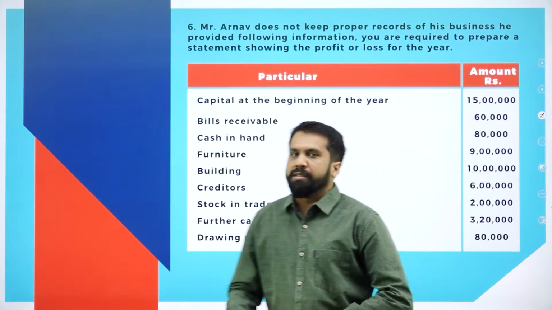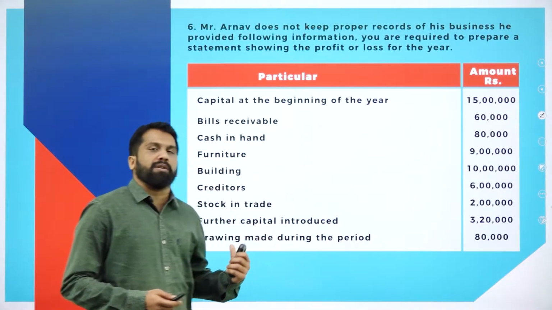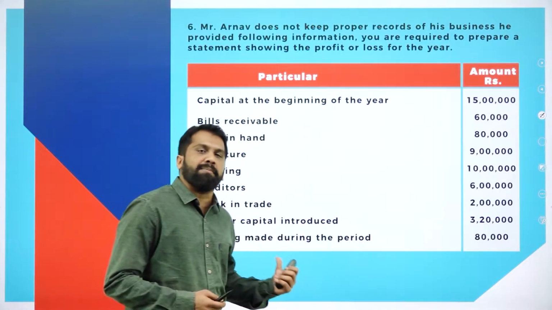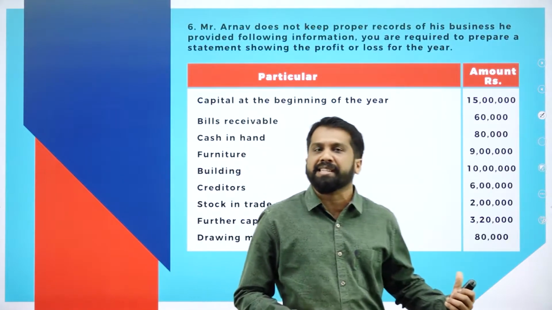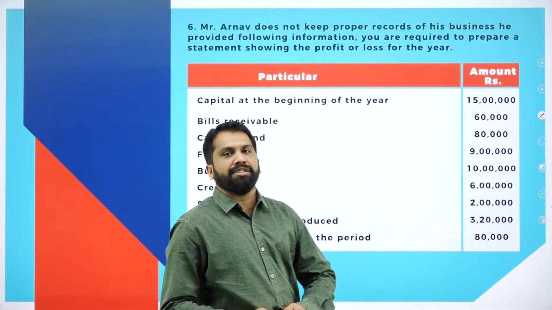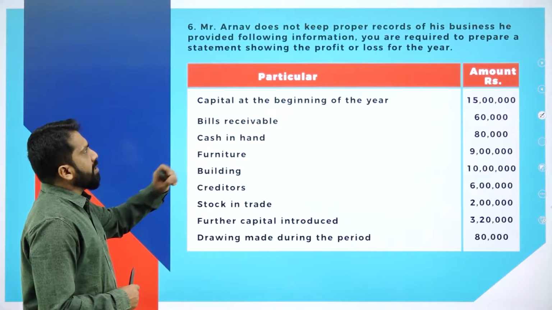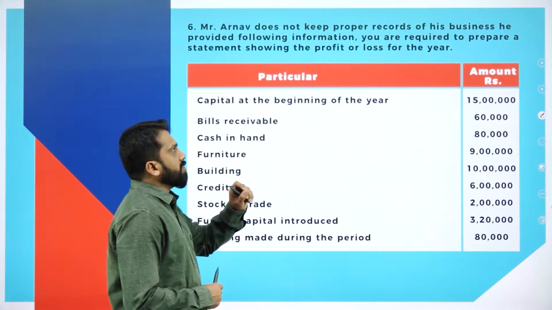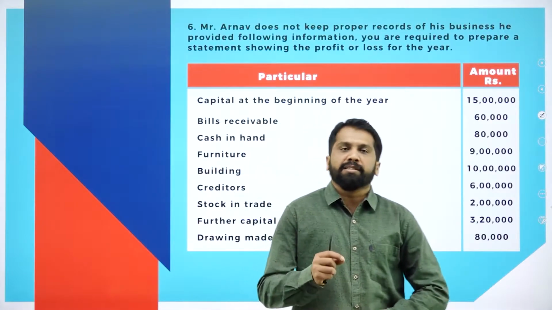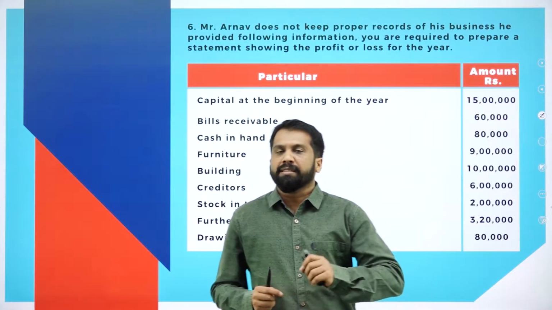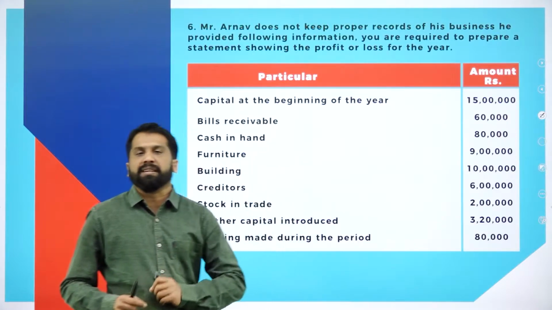First one. So these are very important problems. Why? Because you may expect the same kind of questions in your examination. Now, Mr. Arnav does not keep proper records of his business. So what is the main thing of incomplete records?